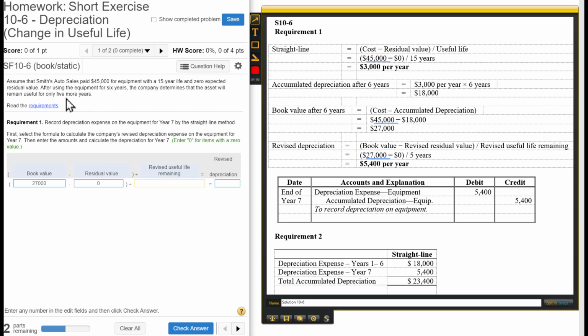We only think we could use that asset for 5 more years. So we're going to plug in 5. So we're going to take the remaining amount we could depreciate, the book value, $27,000 minus 0, divided by 5, gives us revised depreciation of $5,400 per year for year 7 and beyond.